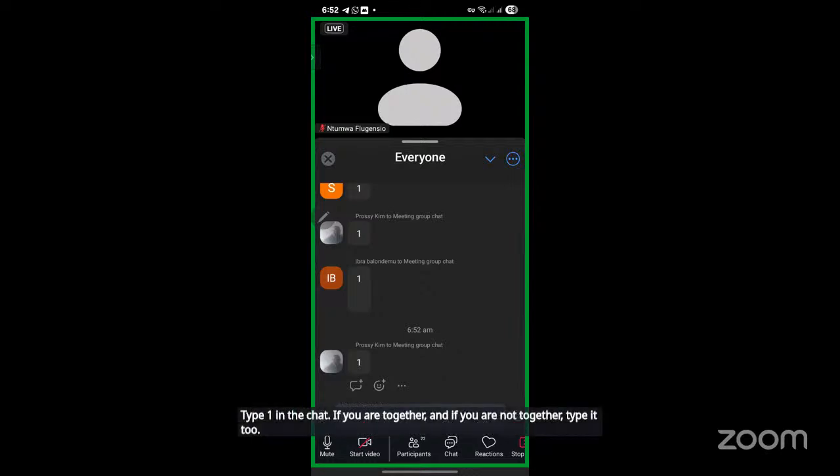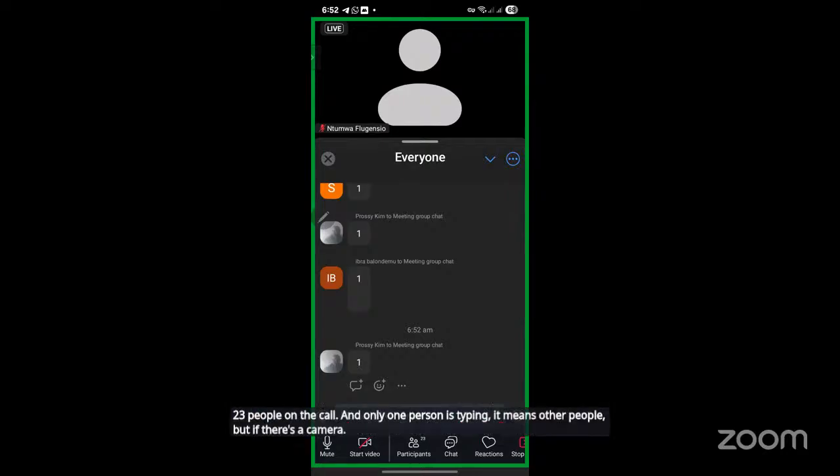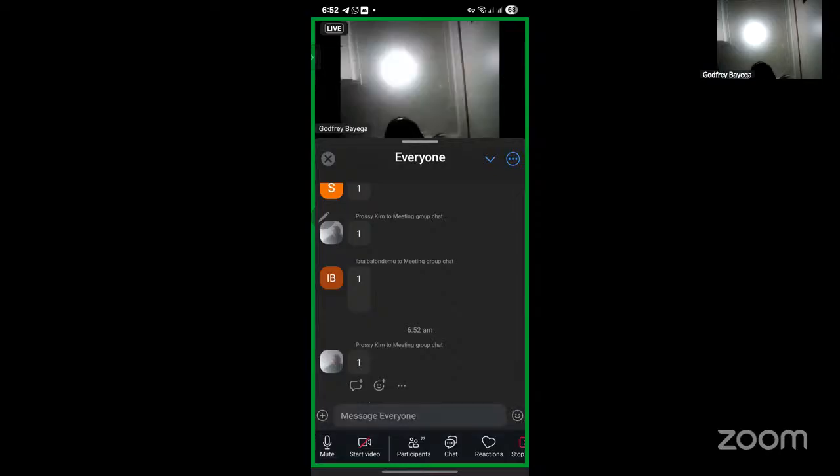If you have not understood, type 2. If you have understood, type 1. There are 23 people on the call, and only one person is typing. It means the other people are not on that call.